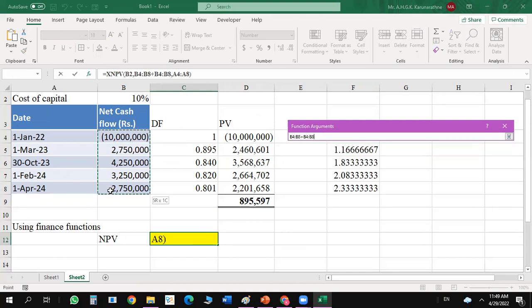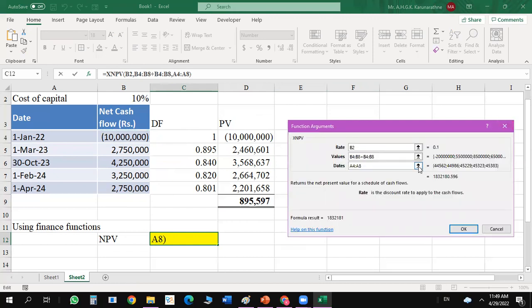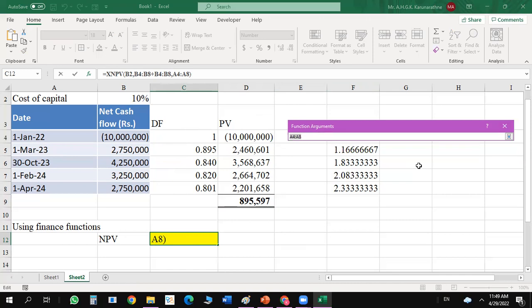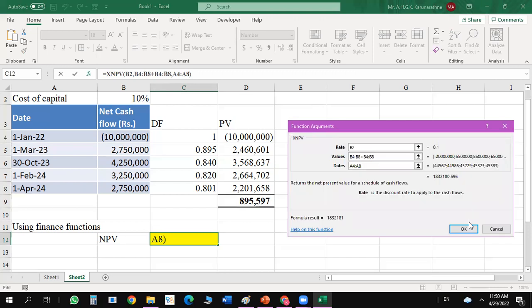We give all the values like this. Then the dates should be like this. Then say okay.